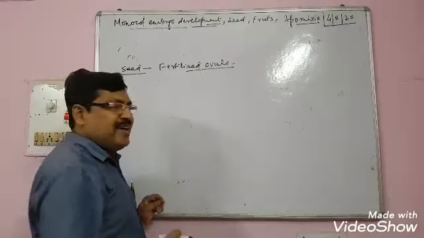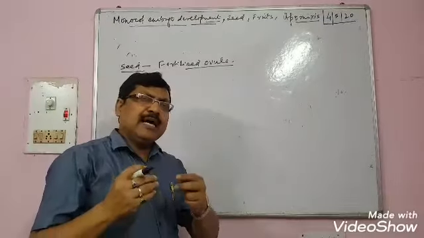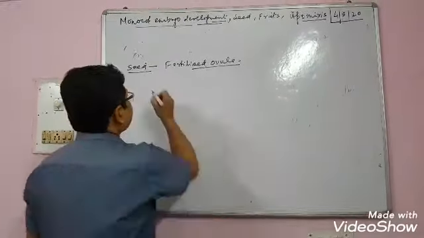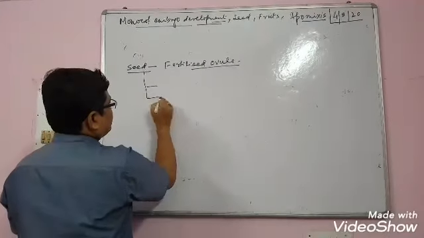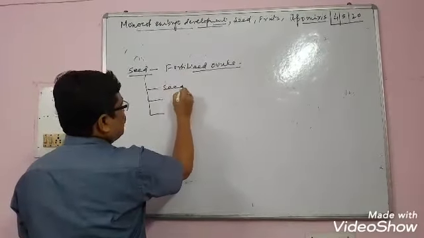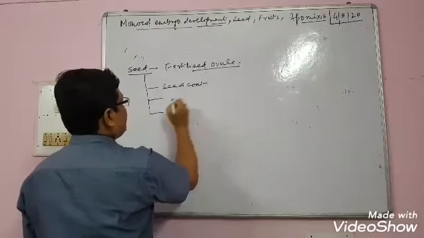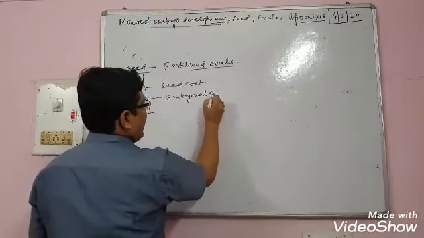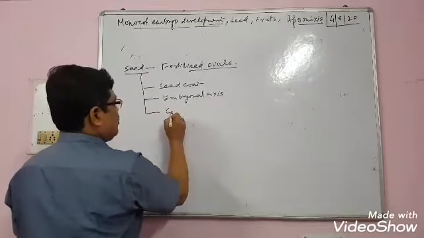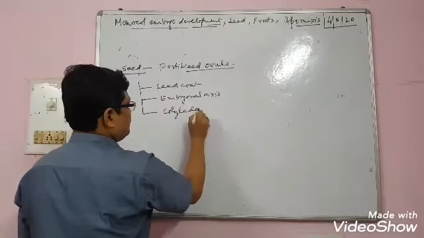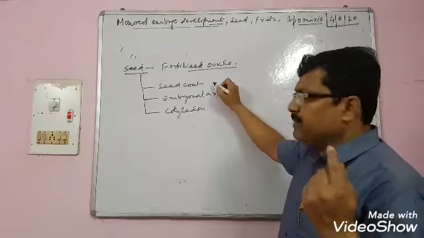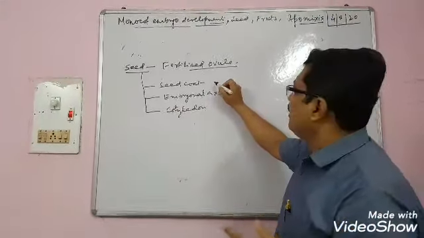And the seed has mainly three parts: seed coat, embryonal axis, and cotyledon. The seed coat may be single or double.